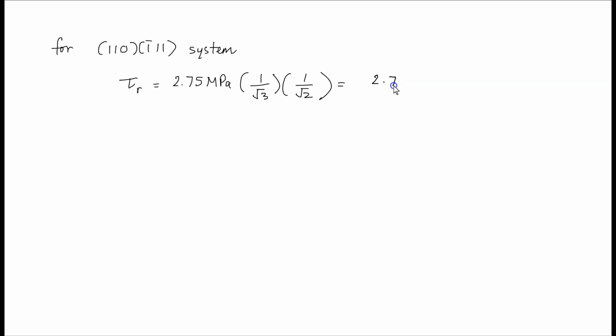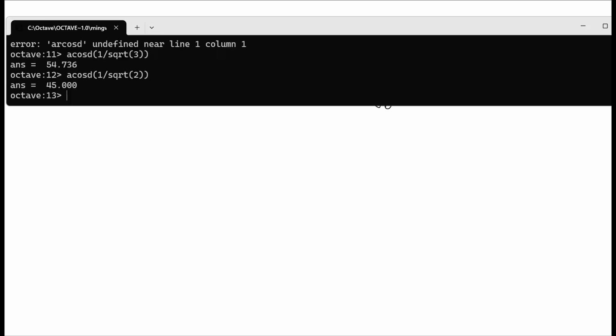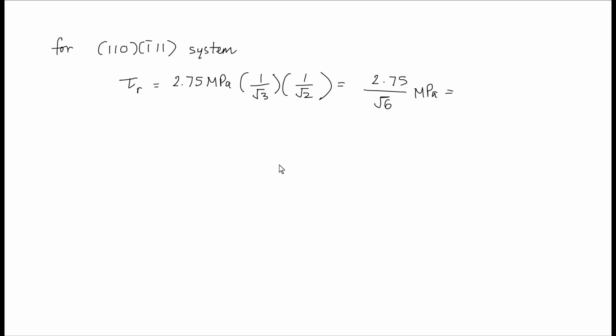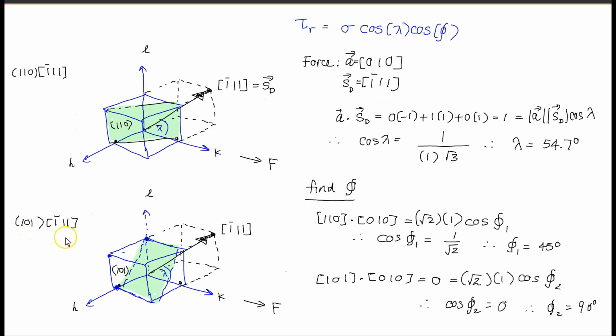So this is 2.75 over the square root of 6 megapascals, which is 1.13. Now let's look at the other system, 101 and the 1 bar 11.